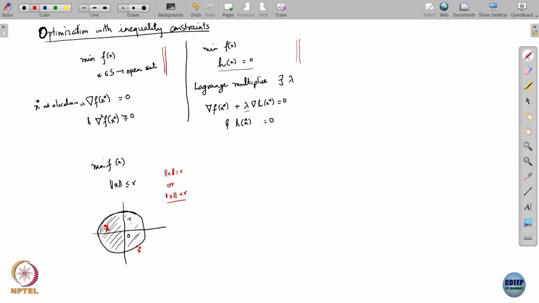The one where you have equal to r is the shell of the sphere. That's like optimizing over an equality constraint. So, all the complications in optimization appear because of this sort of character of the problem, which changes. There is a phase change that happens once you go from the interior onto the boundary. The nature of the problem, the way you think about it, all of it changes.